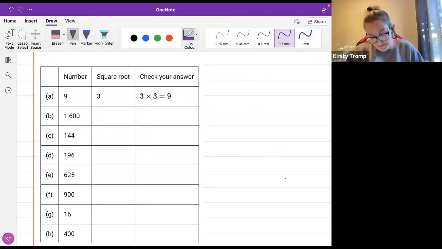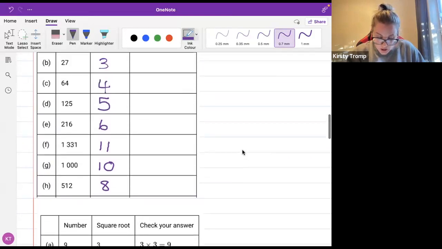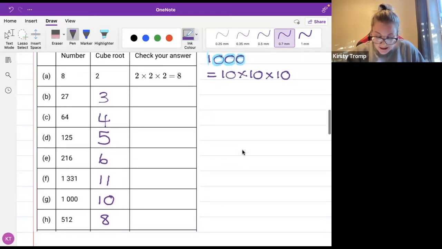Ma'am, I wanted to ask, how do we get the cube root of any number? How do you get the cube root of any number? Yes, ma'am. Okay, so you need to ask yourself, when we're looking at the number, which number can go into that number 3 times?